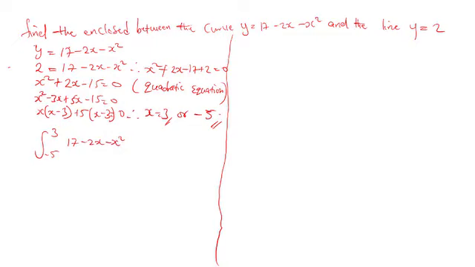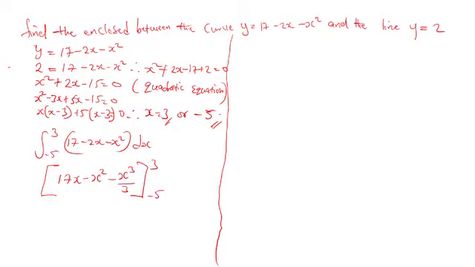On solving this, we integrate this dx. If you integrate this, the value becomes 17x minus x squared minus x cubed over 3, evaluated between 3 and minus 5.